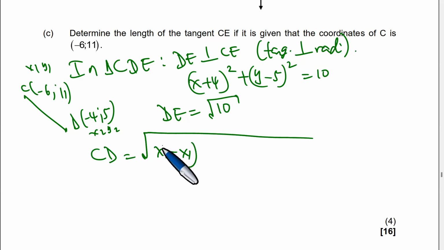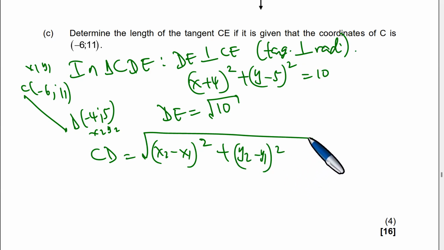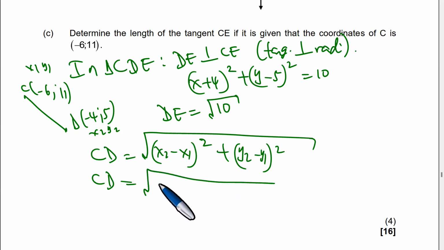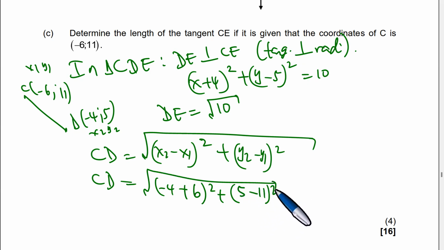x2 minus x1 squared, y2 minus y1 squared. CD, distance formula. What is x2? x2 is -4, x1 is -6, y2 is 5, y1 is 11 squared.